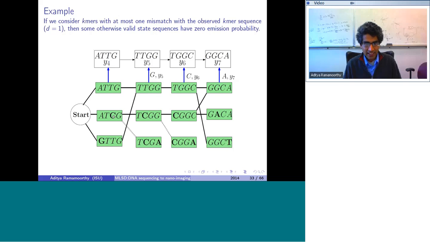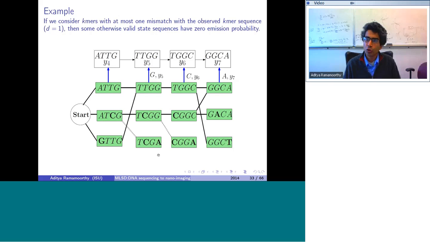If you are at ATCG, you could transition to TCGG, which is allowed because it allows this suffix-prefix match, and this one differs from the observed k-mer in only one location. However, another possible valid state transition could have been to TCGA, but we will not allow this.